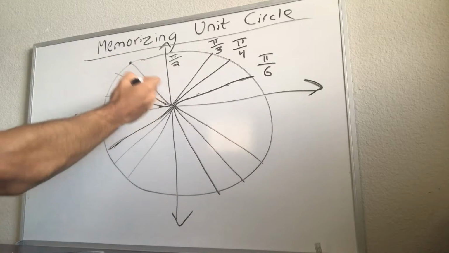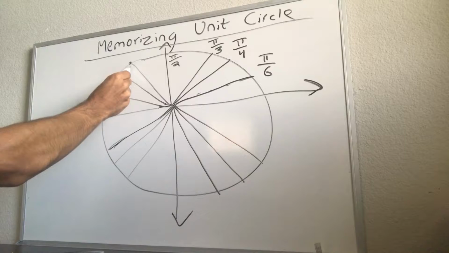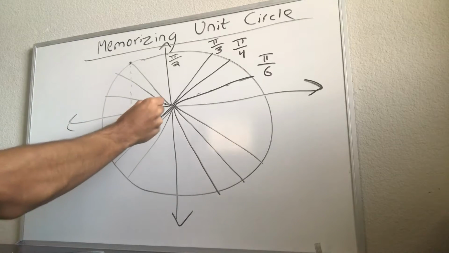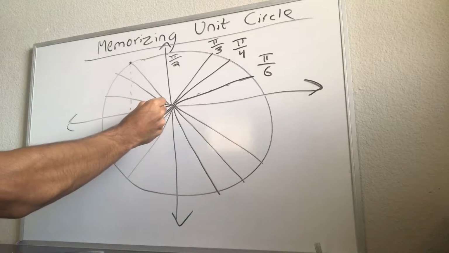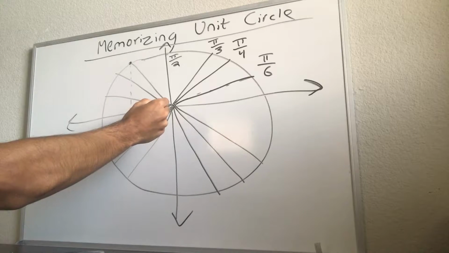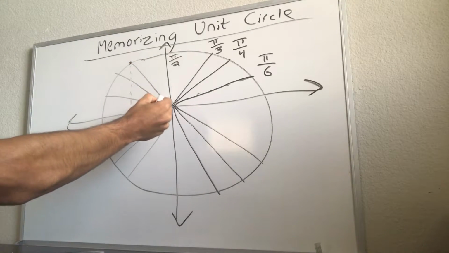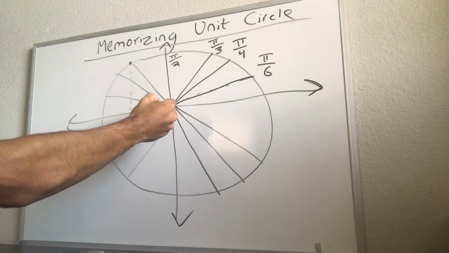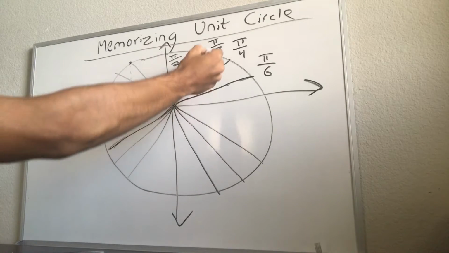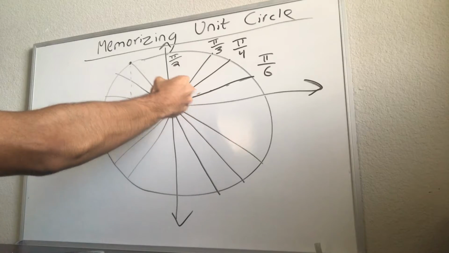If you were to draw a triangle here, you would extend the line something like this, and your reference angle would be this. So this is the reference angle that the point is referring to, which is pi over 3 from here. So this corresponds to this.